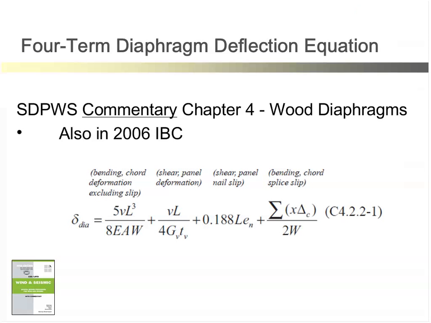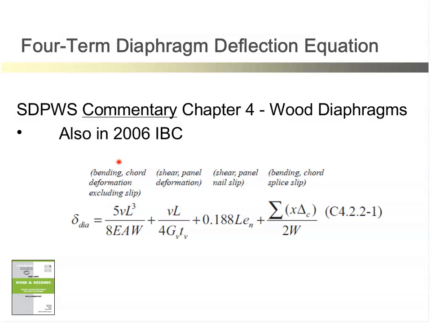As I mentioned, it is an algebraic simplification of the four-term equation, which you see here. And this four-term equation is not only incorporated in the IBC, but it's also incorporated in the commentary of the Wind and Seismic Standard, and provides some more definition of the terms that are used in the equation.